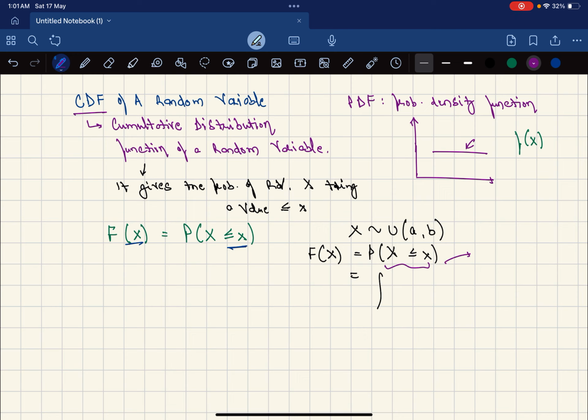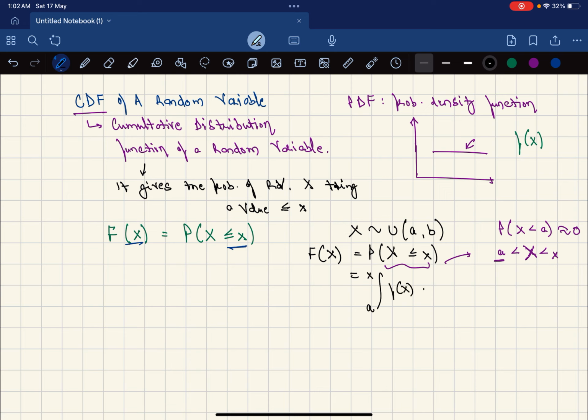So this range is actually nothing but from a to some small x value. And why we are taking a? Because the value of probability P(X less than a) is anyway 0, since the distribution is only defined for x greater than a. Therefore we start the integral here from a and we go till some random small x.